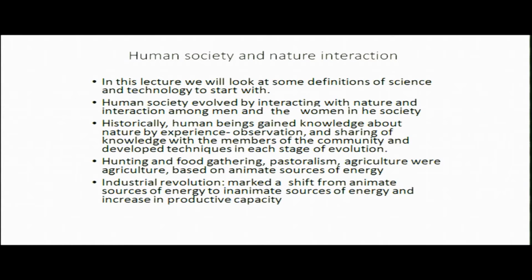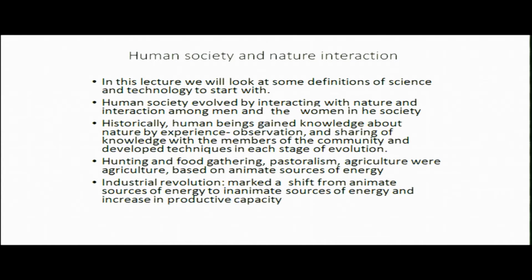Now, to begin with, if you look at evolution of human society, we will see how this evolution really changed both the environment and the society simultaneously. We will also look at some of the definitions of science and technology in this lecture to start with.